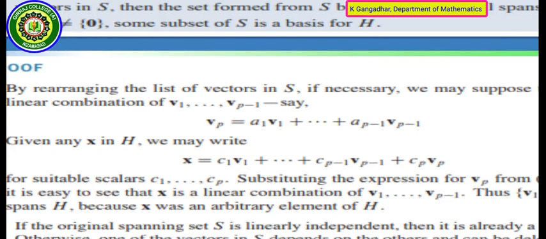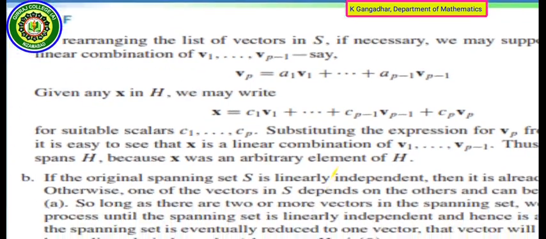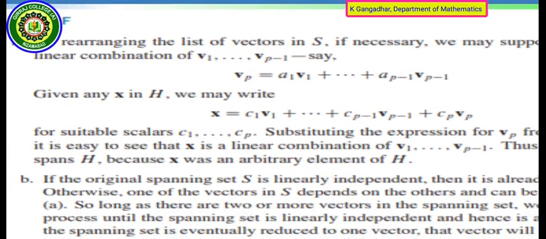So x equals c1 V1 plus ... plus c(p-1) V(p-1) plus cp Vp. Substituting Vp from the first equation, x is a linear combination of the vectors V1, V2, ..., V(p-1).